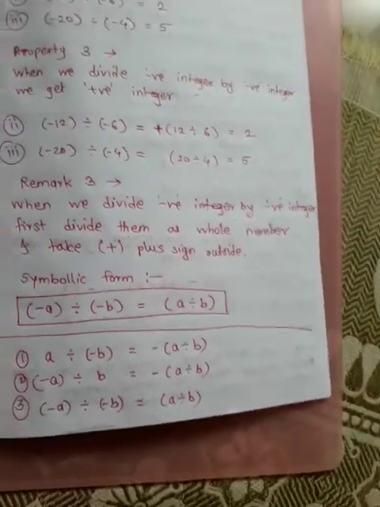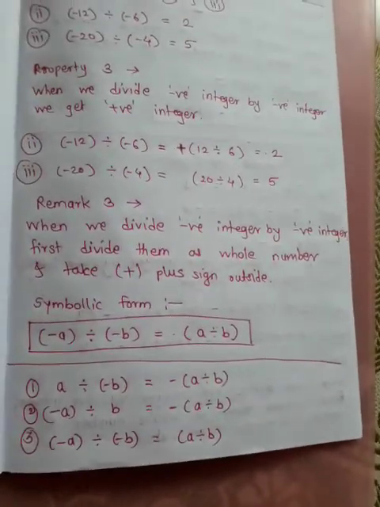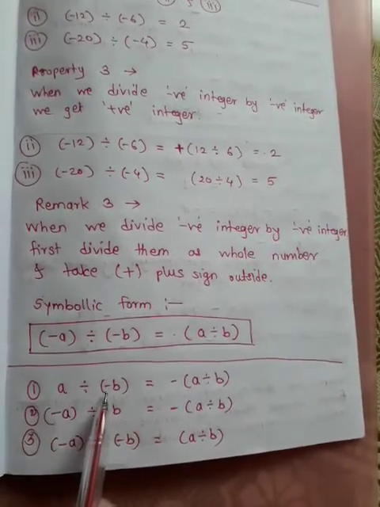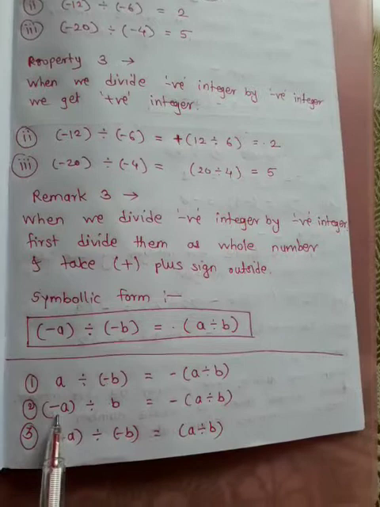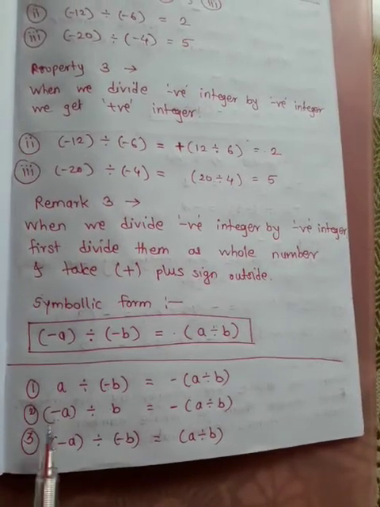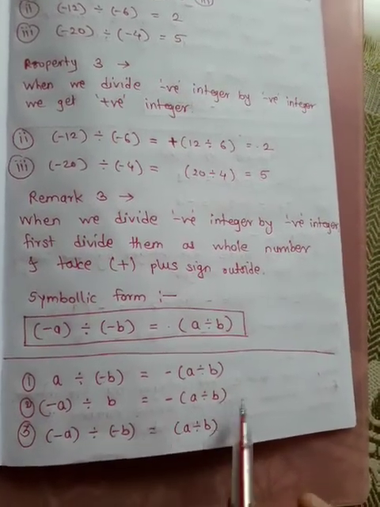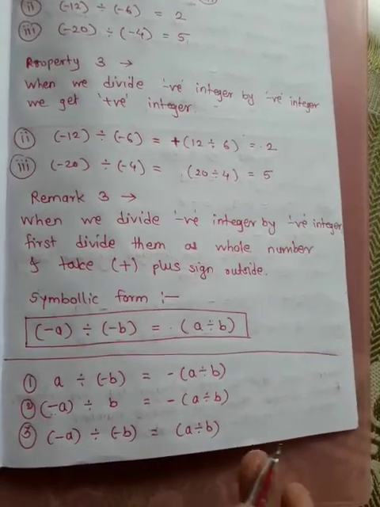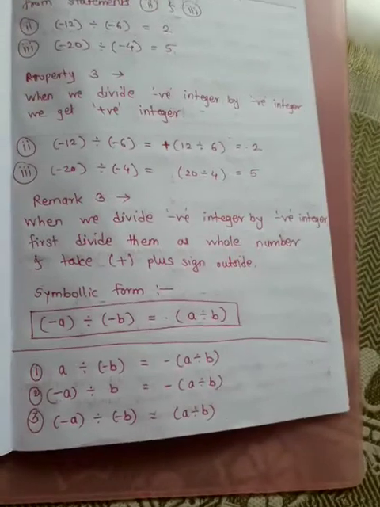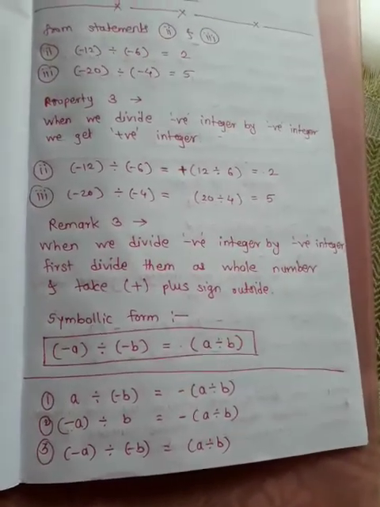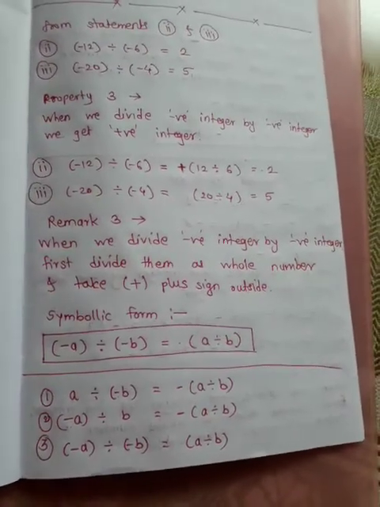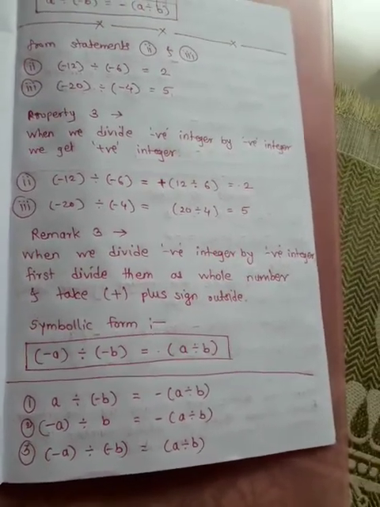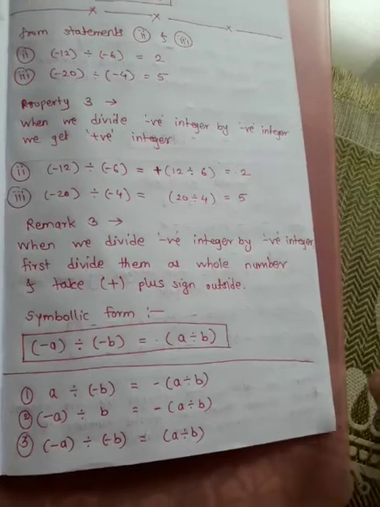What we have got here is: what will happen when a positive integer is divided by a negative integer? This. What will happen when a negative integer is divided by a positive integer? This. What will happen when a negative integer is divided by a negative integer? Okay, so you understood about this division of integers.